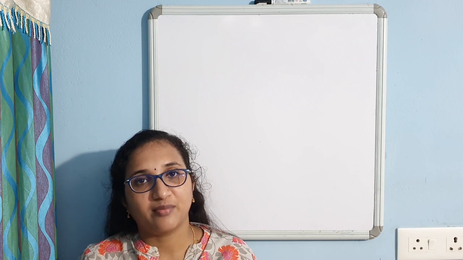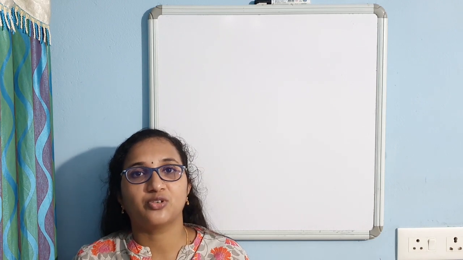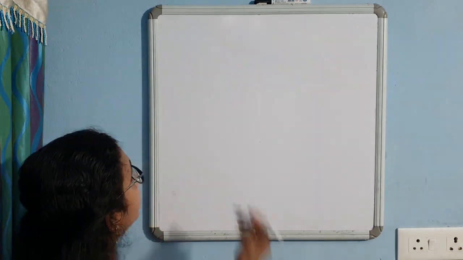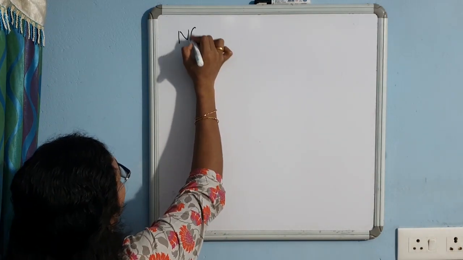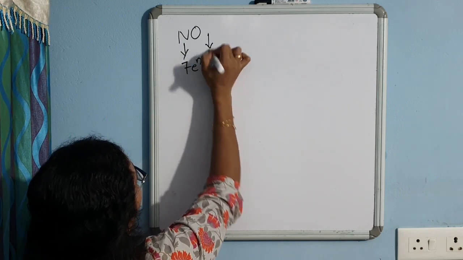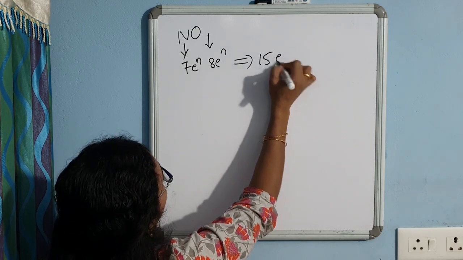So that was the MO diagram for the carbon monoxide molecule. In the same way, we can draw the MO diagram for NO, the nitric oxide molecule. We know the nitrogen atom has 7 electrons, the oxygen atom has 8 electrons. So the total number of electrons is 15.